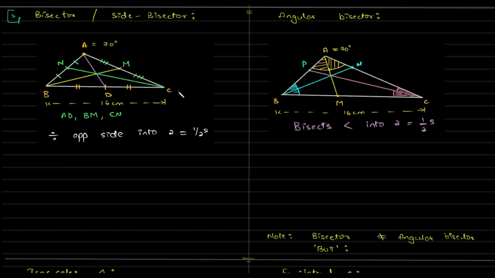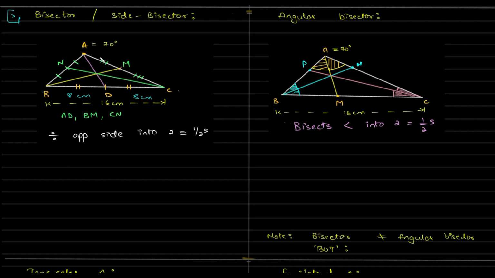With respect to BC, A is the opposite angle. So from this vertex I'm drawing a line AD, and this happens to cut BC into two equal halves. That is, if BC happens to be 16 centimeter, BD will be 8 centimeter and DC will be 8 centimeter.